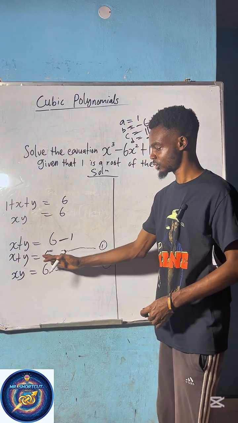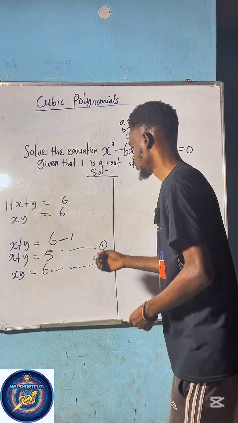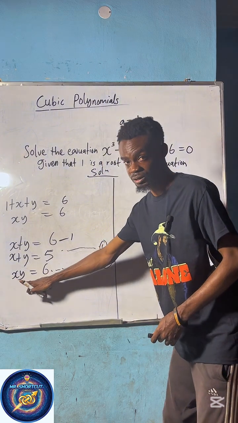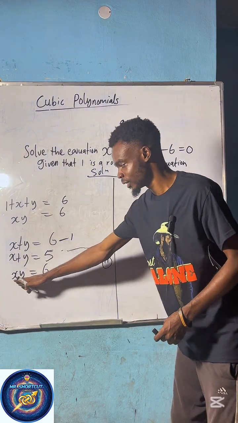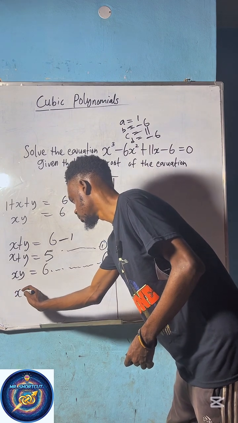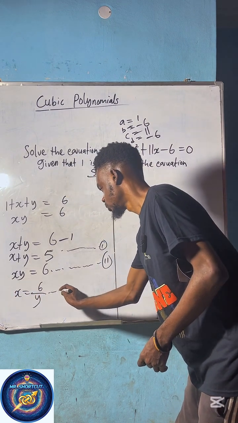So let's solve these two equations simultaneously to get the values of x and y. Let's make one of these variables the subject from equation 2. Let's make x the subject, so x is equal to 6 over y. Let's call it equation 3.